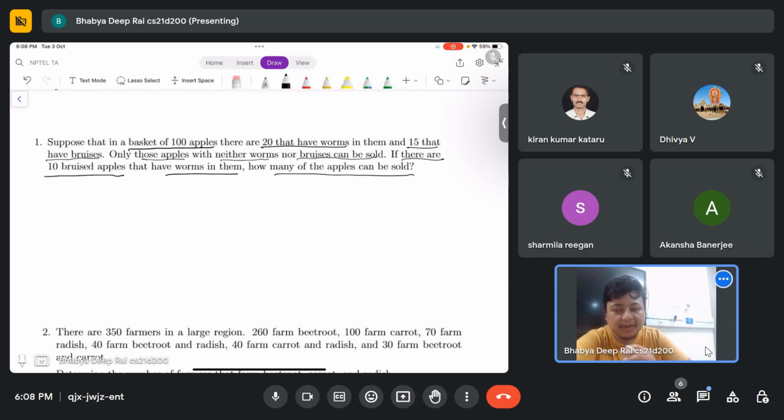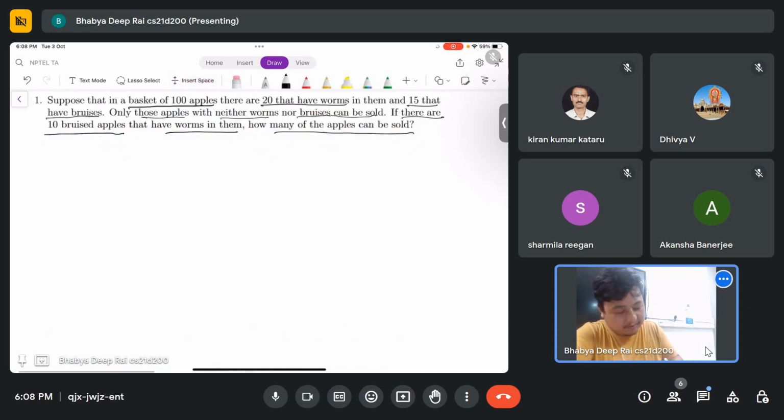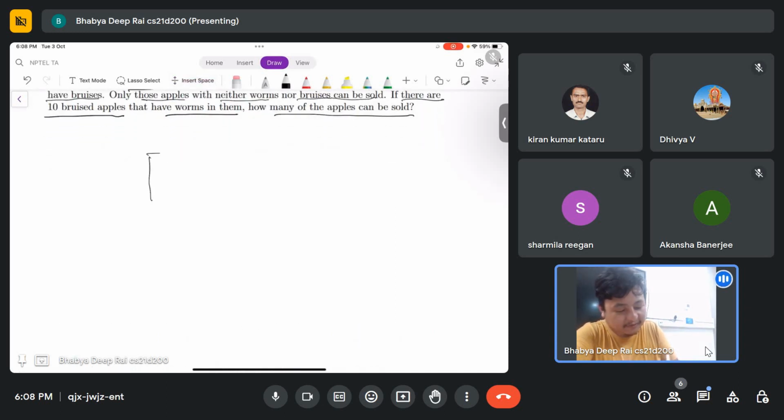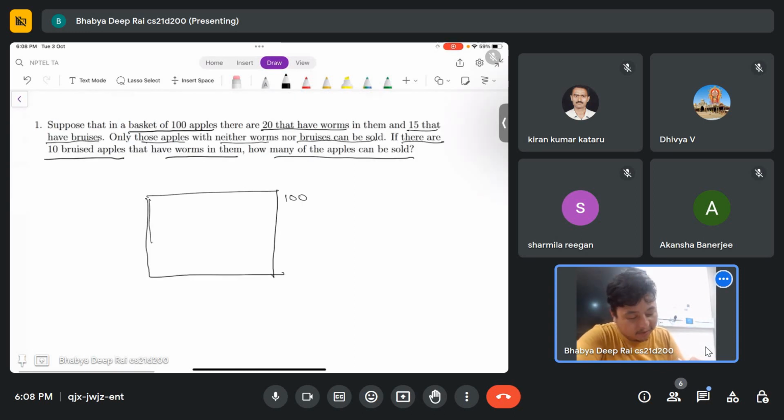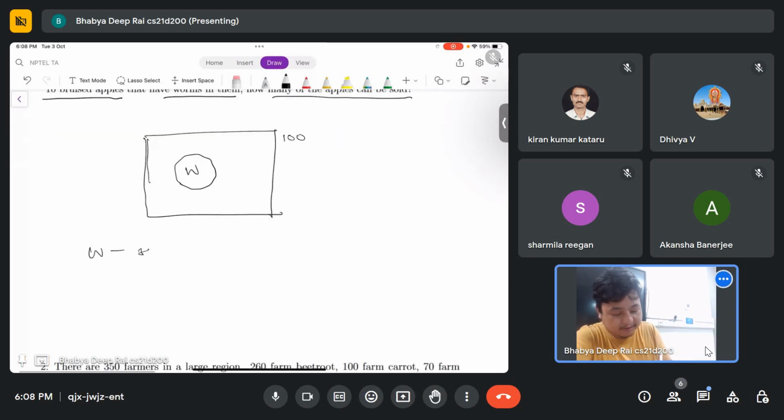Now we can think of the question as follows. There are 100 apples in the basket, so let's say this rectangle represents the basket. 20 have worms in them. So let W denote the set of apples with worms.